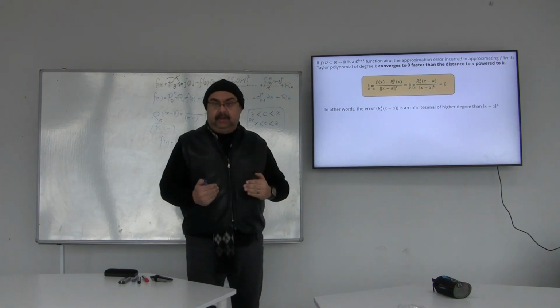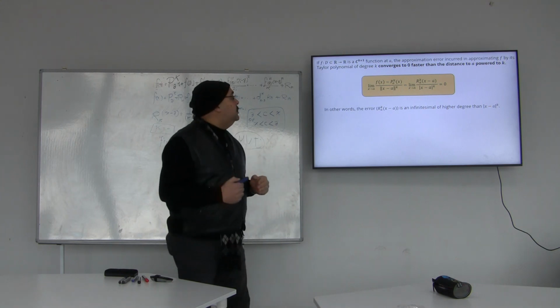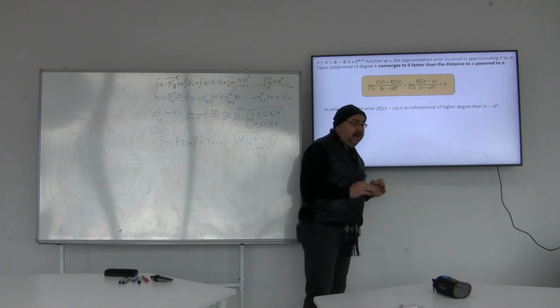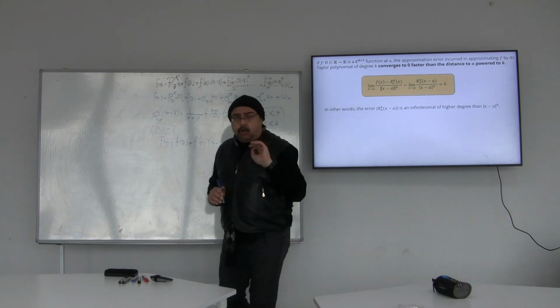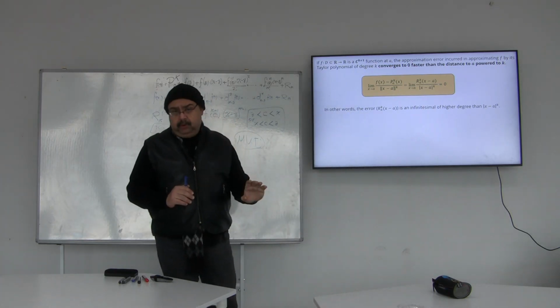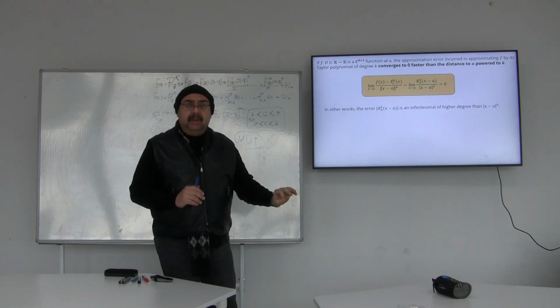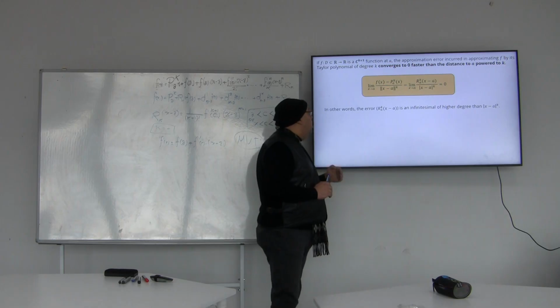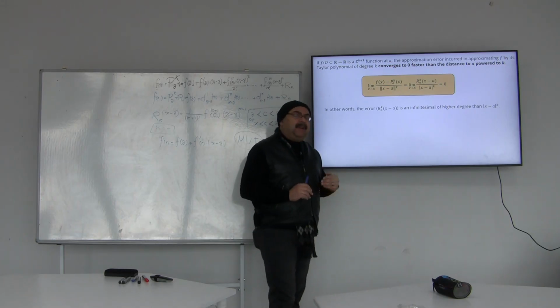This is the error term. And the error term is an infinitesimal of higher degree, which means it grows very, very small, or it tends to 0, faster than x tends to a.